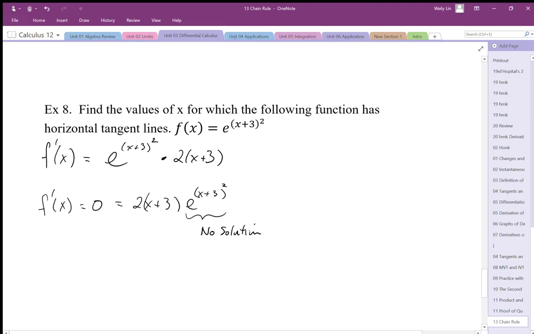And I know that the only solutions must come from this factor. So at x equals negative 3, we have a horizontal tangent line. And when x equals negative 3, y is equal to, and it looks like y is equal to 1 when I plug it in.